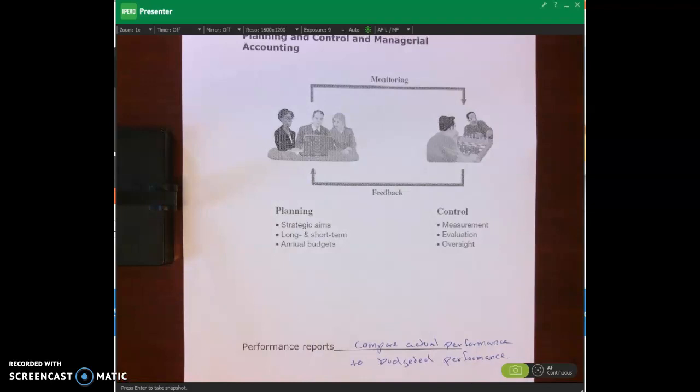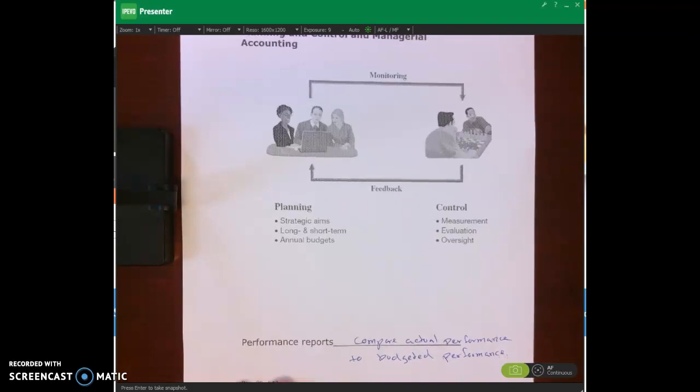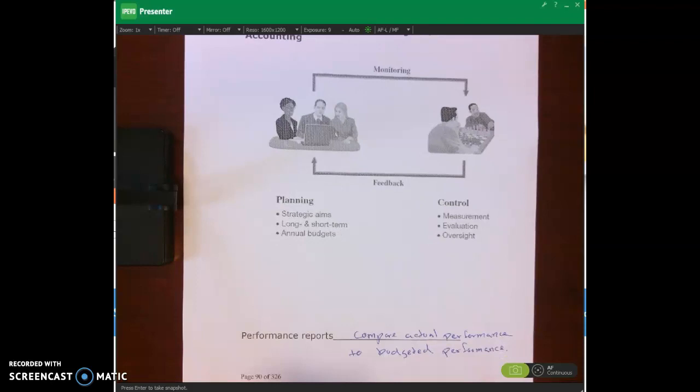All right. So performance reports help us compare actual performance to budgeted performance. And a big part of my job as a financial analyst was to generate performance reports and then investigate variances.